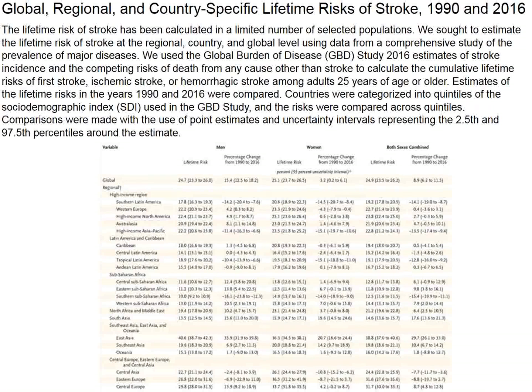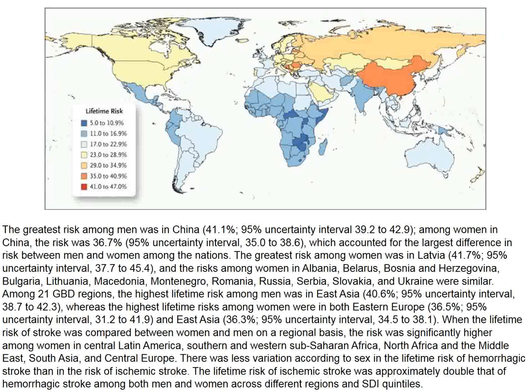Now, the stroke risk differs across the world, and as we know, people in East Asia have a greater risk of stroke than people in Europe or North America. And this map makes that clear. So in yellow are the countries where at birth, individuals have a 25% risk of stroke.